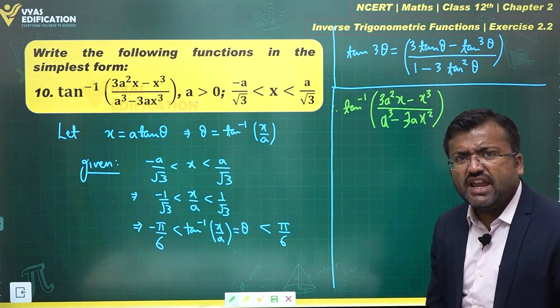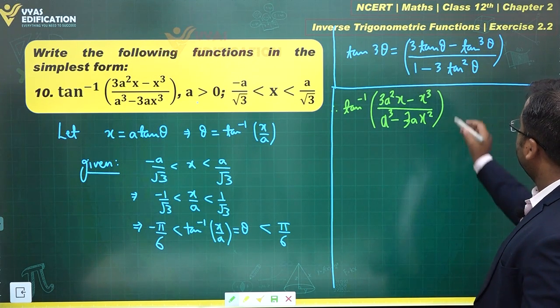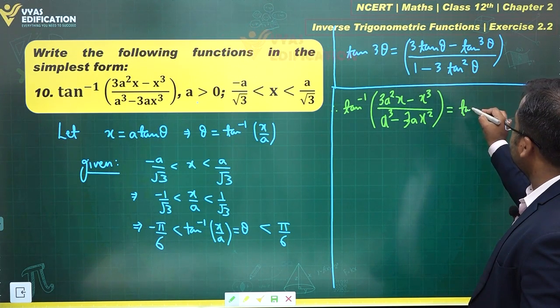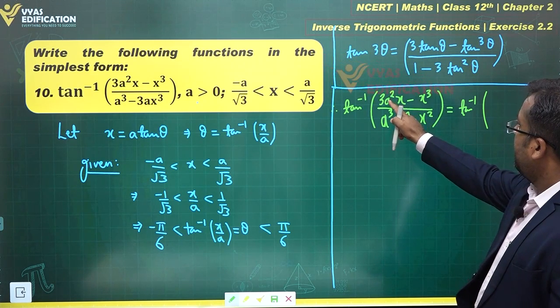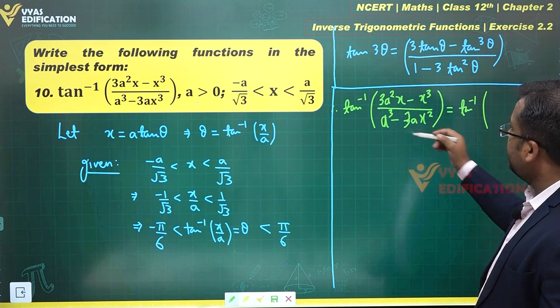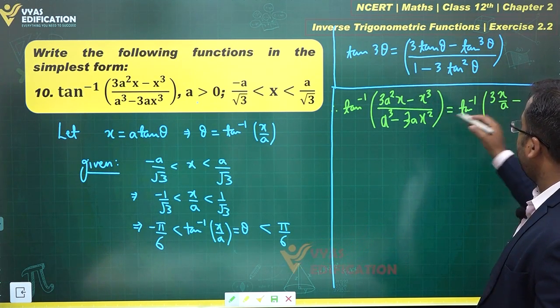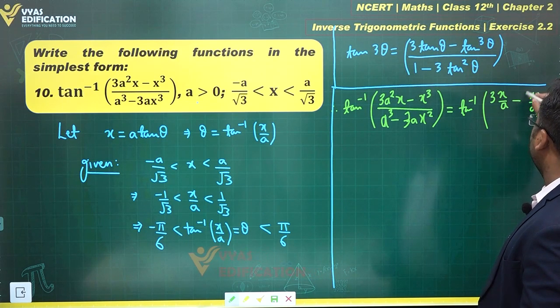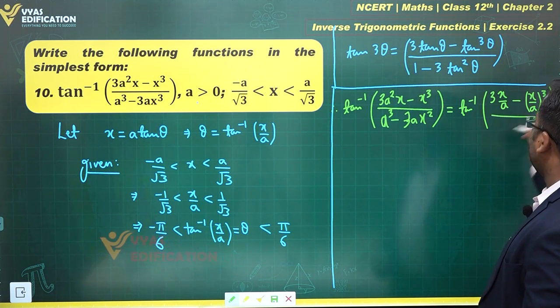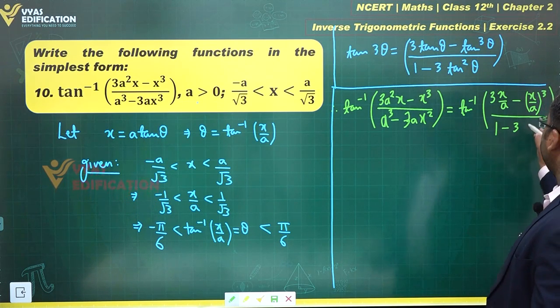Can we divide by a cube in the numerator and denominator? Yes. What will happen is tan inverse of, you divide by a cube over here, a square gets cancelled, a remains in the denominator, minus x by a power 3, over a cube upon a cube is 1, minus 3, a gets cancelled, x by a whole square.